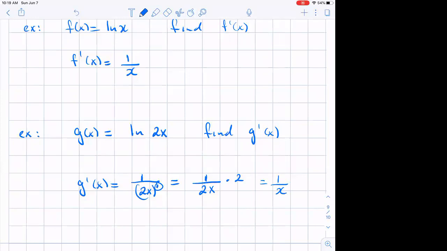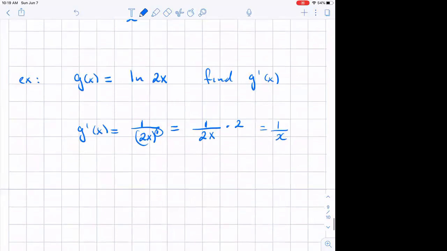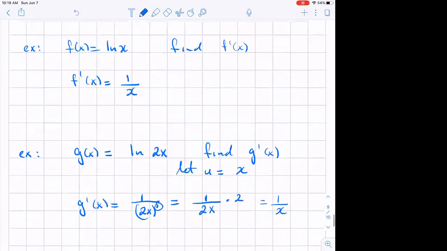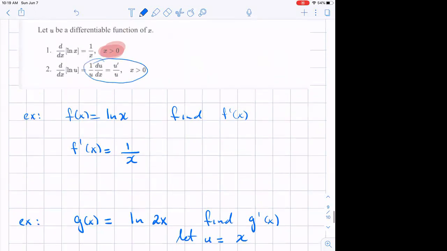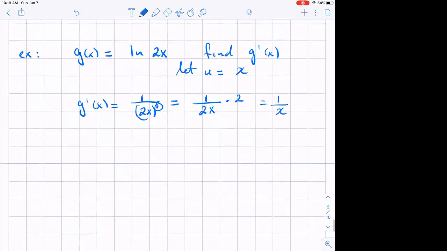Yeah. You can really look at this. You can say, let u equal 2x. And if you want, we can follow this formula here. So it'll be 1 over u.